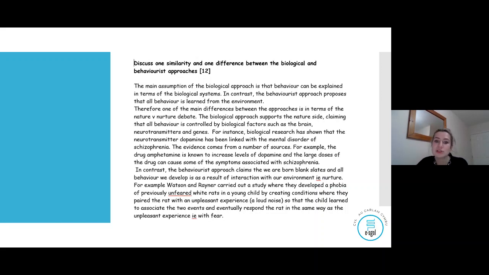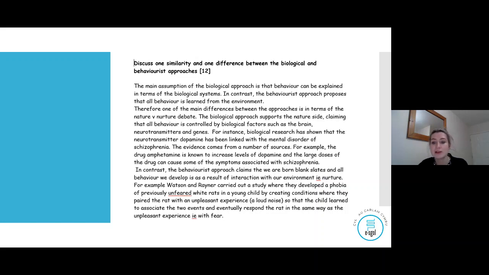It says here, the main assumption of the biological approach is that behaviour can be explained in terms of biological systems. In contrast, the behaviourist approach proposes that all behaviour is learned from the environment. Lovely little intro about both of them. Therefore, one of the main differences between the approaches is in terms of the nature versus nurture debate. The biological approach supports the nature side, claiming that all behaviour is controlled by biological factors such as the brain, neurotransmitters, and genes.